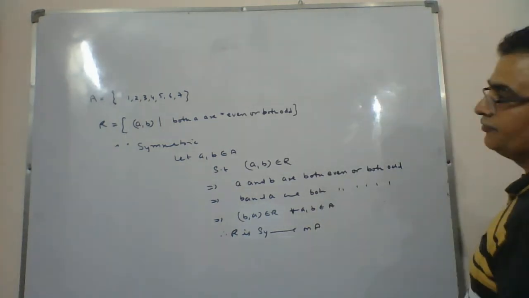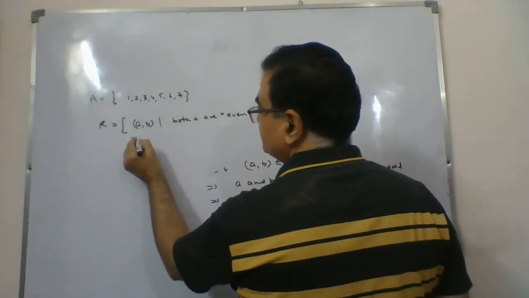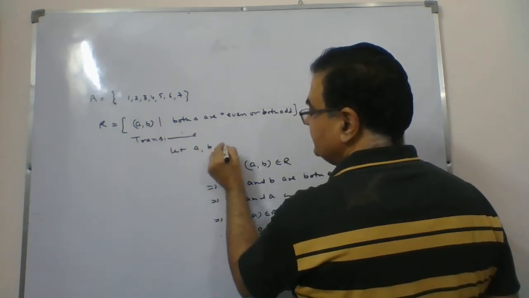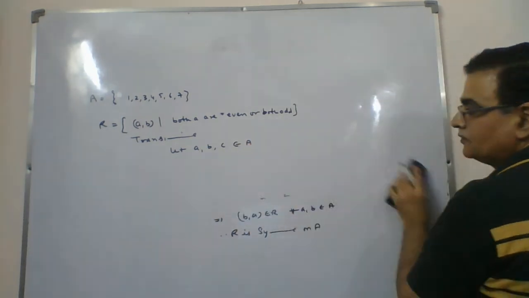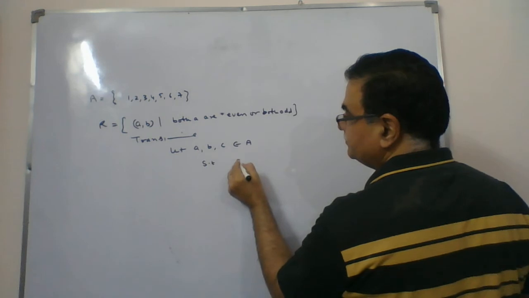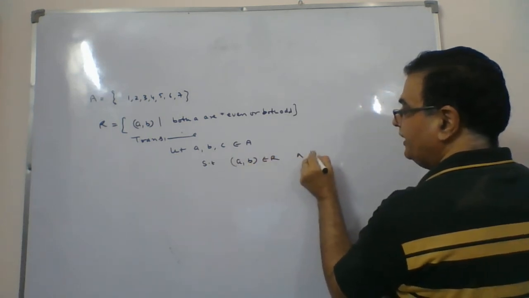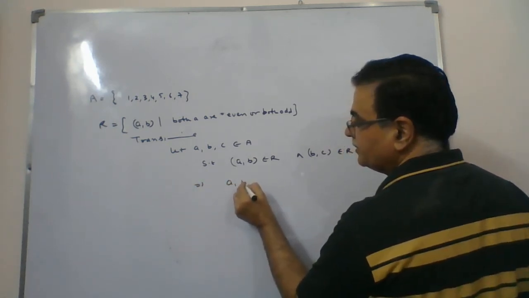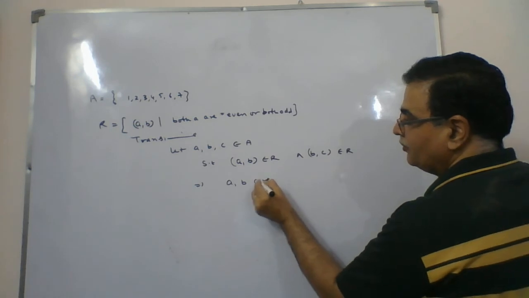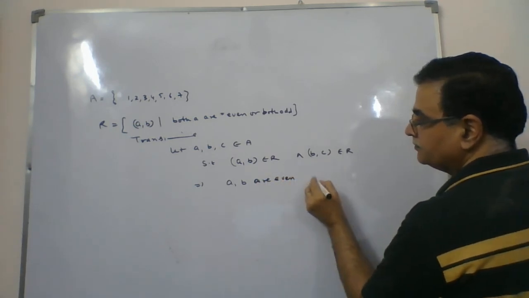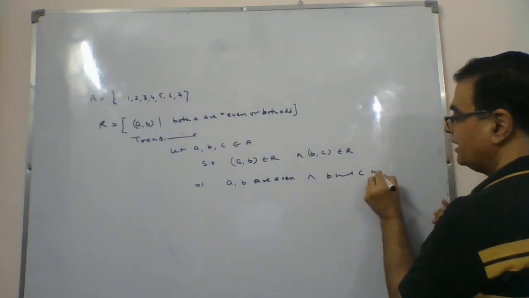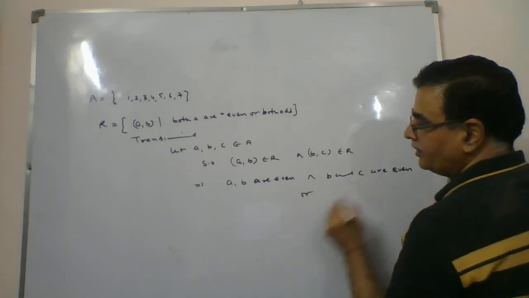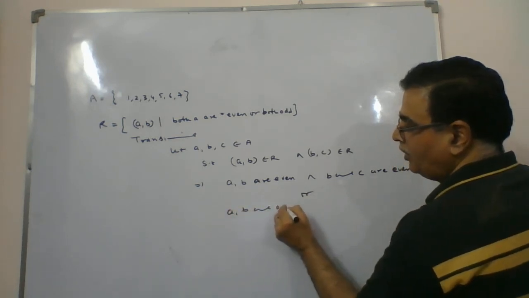Then we come to transitive. In transitive, we'll take three elements A, B, C belonging to A, such that (A, B) belongs to R and (B, C) belongs to R. What does it mean? A and B are even, and B and C are even. And what other condition can there be? A and B are odd.